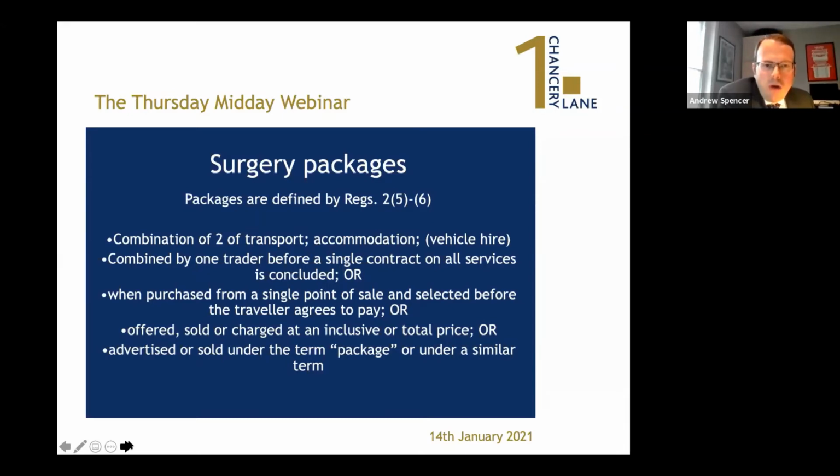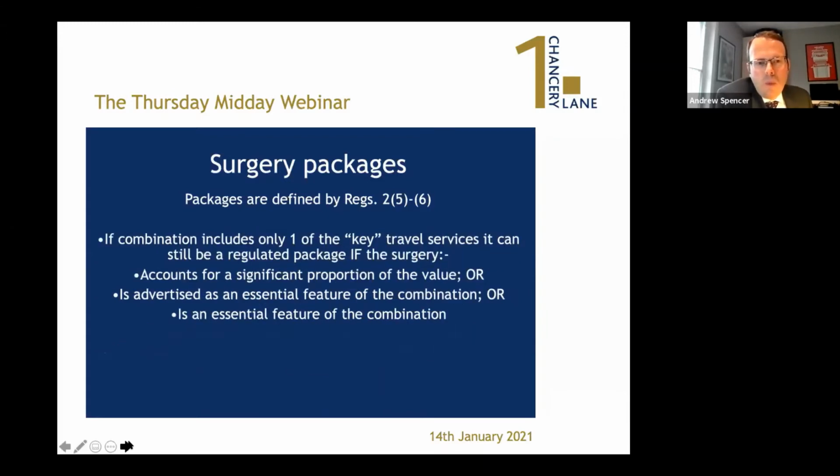This isn't the only way that something can be a package, because if you only have one of these 2 components of transport and accommodation, it is possible for there to be a package, if we could advance the slides, where if you have one of the key travel services and, say, surgery as well, if the surgery accounts for a significant proportion of the value and is advertised or represents an essential feature, then there can still be a regulated package.